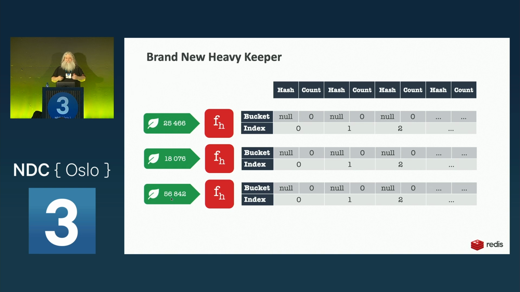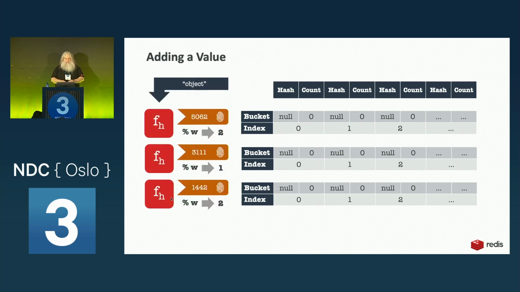And so here's how it works. Let's add a value to our Heavy Keeper. Let's add the word object. We're going to add UFO shapes. Object's a shape, technically. And so what we do is we take that object, we run it through our hashing functions, we get hash values out, which is a pattern we've seen a couple times now, and then we modulus that with the width of our Heavy Keeper, and we get an index.